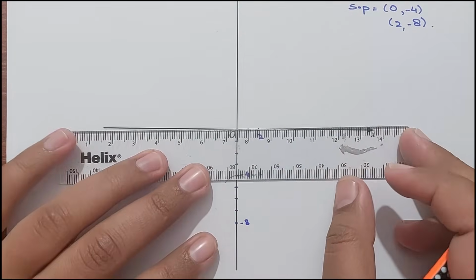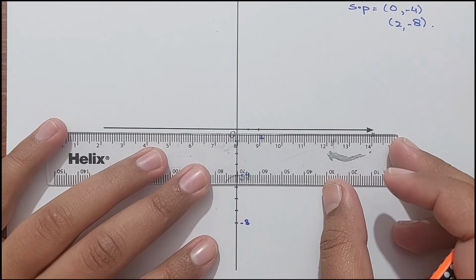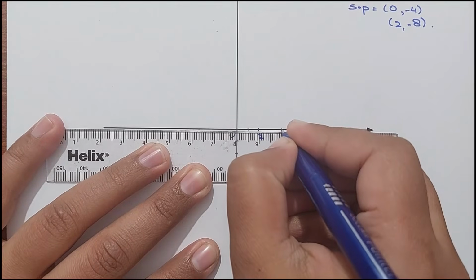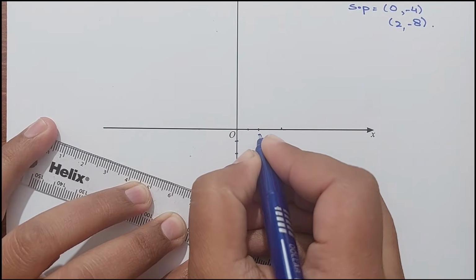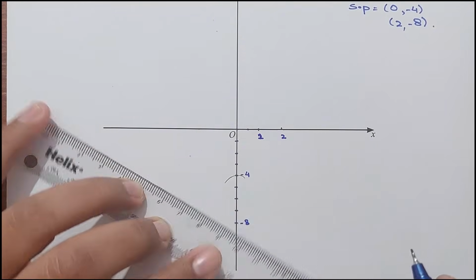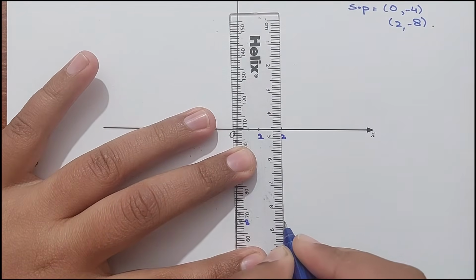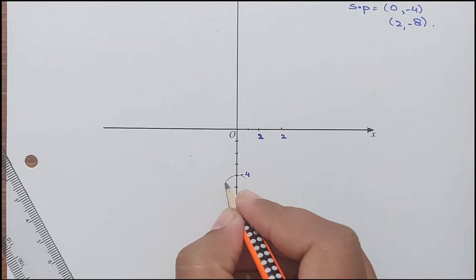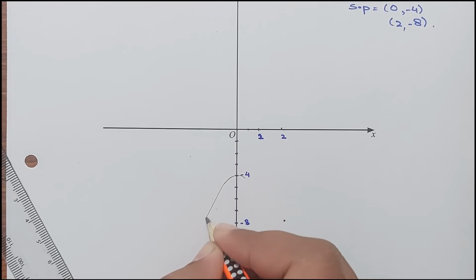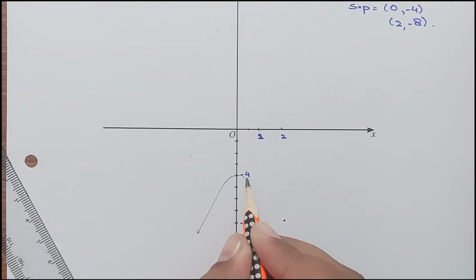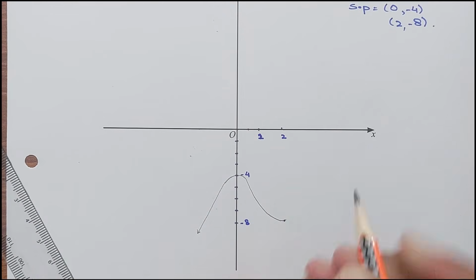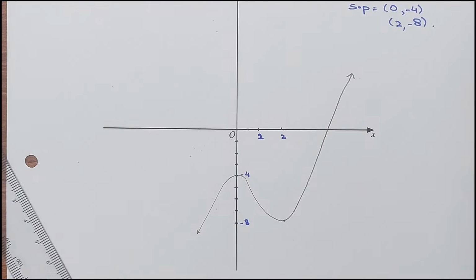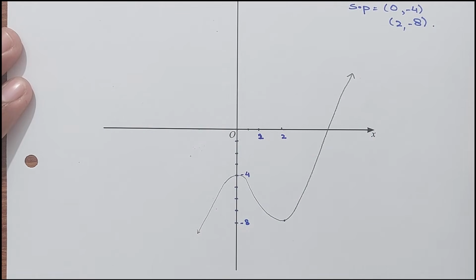To make it clearer, let's consider this as 1 and this as 2. This point, (2, negative 8), is the turning point. It has 2 turning points. So this is the extension in the third quadrant, and this is another turning point. This is the shape of the graph.